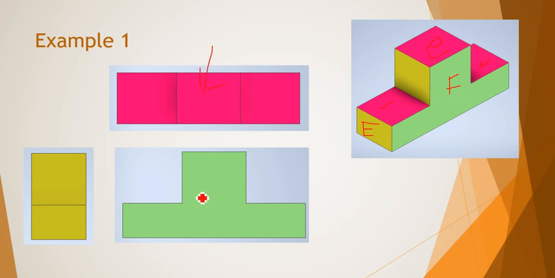Then this is our front F, and for the end elevation, the viewer is assumed to be on the left of your screen. So the end elevation is on the left of the front elevation.